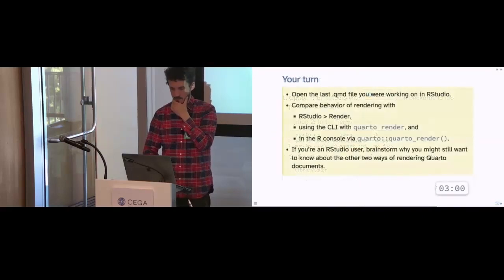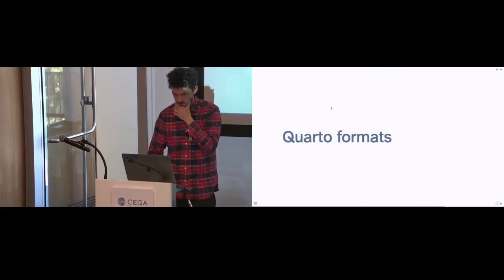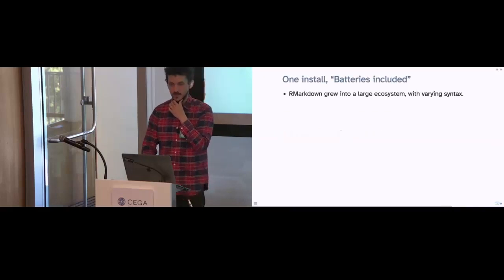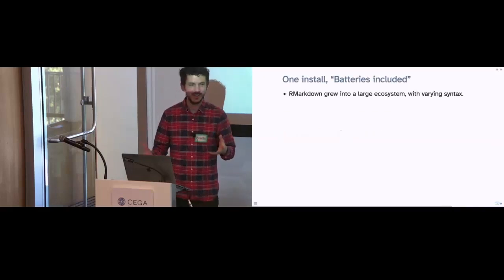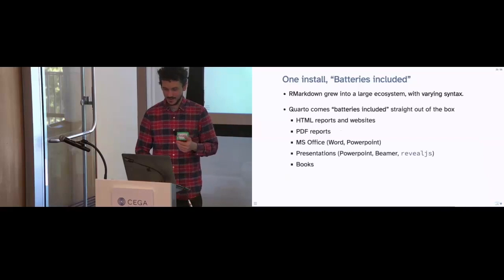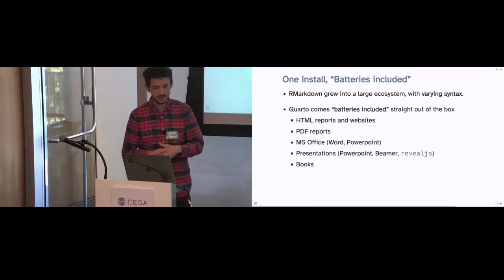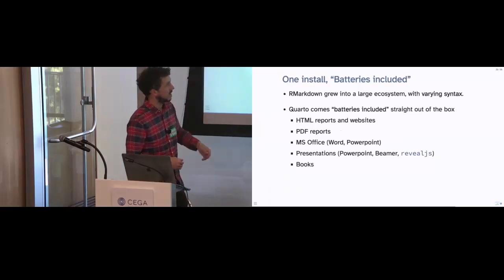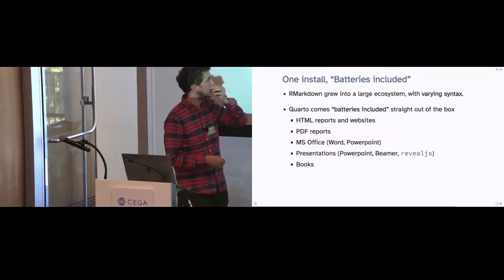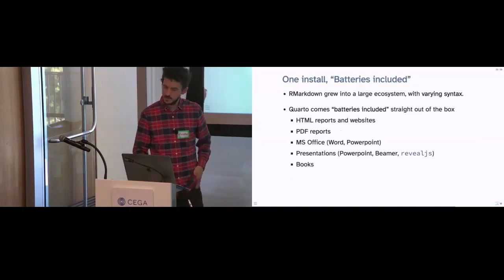Yeah, all right. So formats. When you download Quarto, you get the ability to render all sorts of different things. We saw lots of these. I guess I didn't show you PowerPoint. You can do PowerPoint. I don't know if you can do Google Slides.